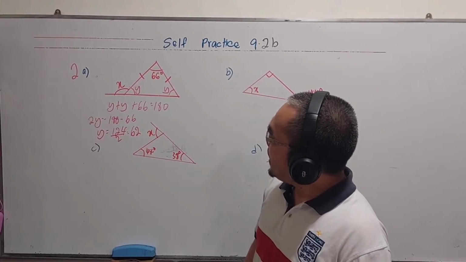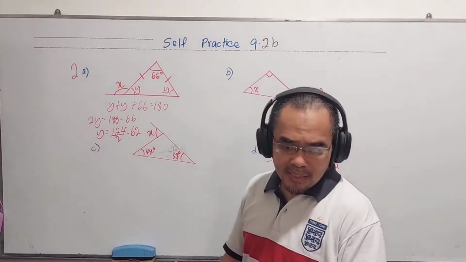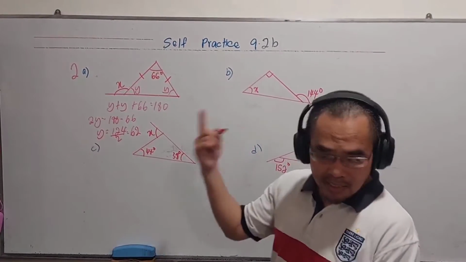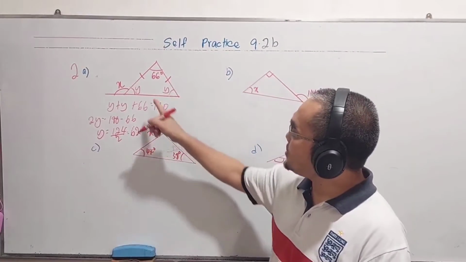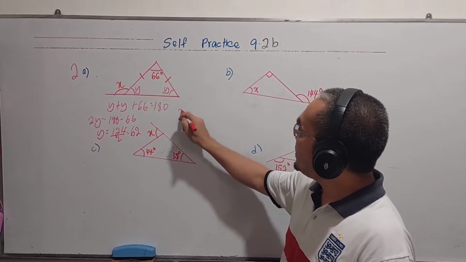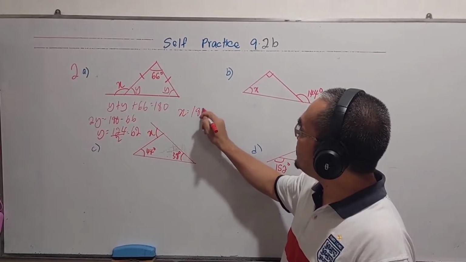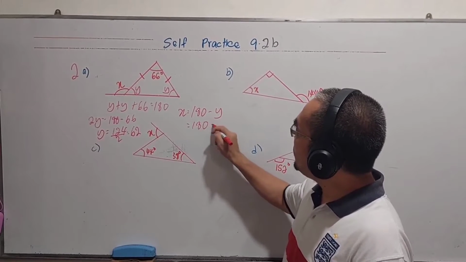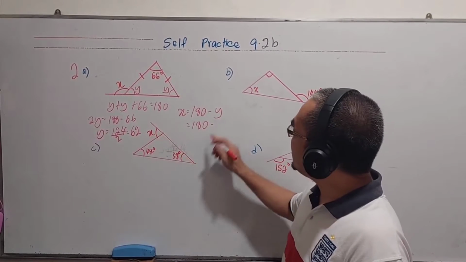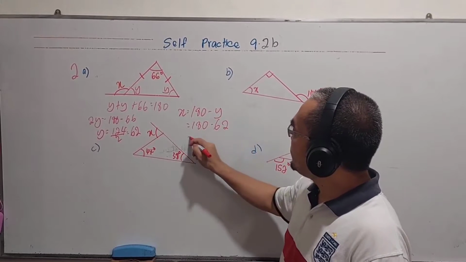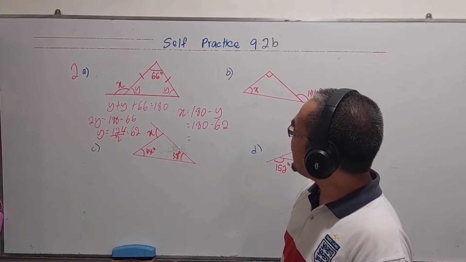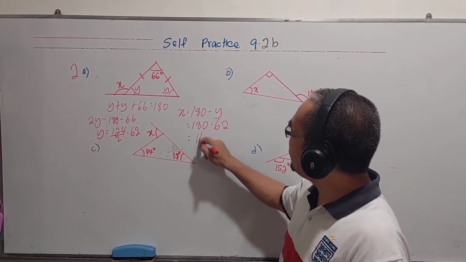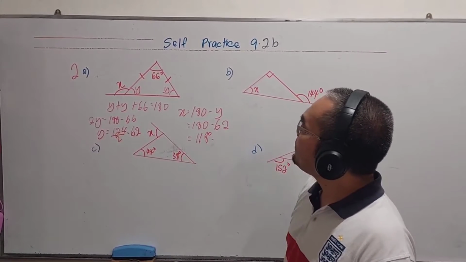Okay? And then to get x, there are two ways. The easier one is just 180 minus y. X will be 180 minus y. Already we know y is 57. So 180 minus 57 is 123 degrees.